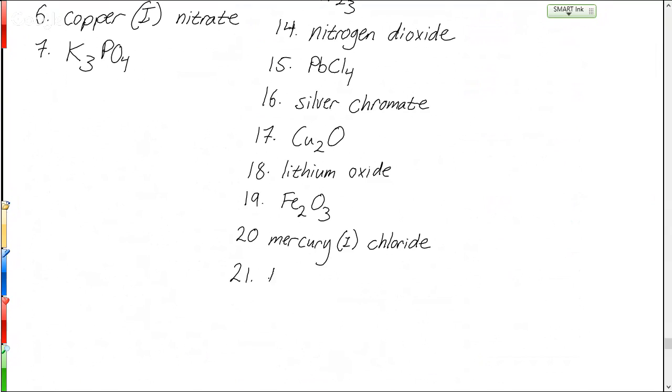Mercury 1 chloride. Dinitrogen monoxide. Again, it should be monoxide, not oxide. That's a mistake on the paper here.